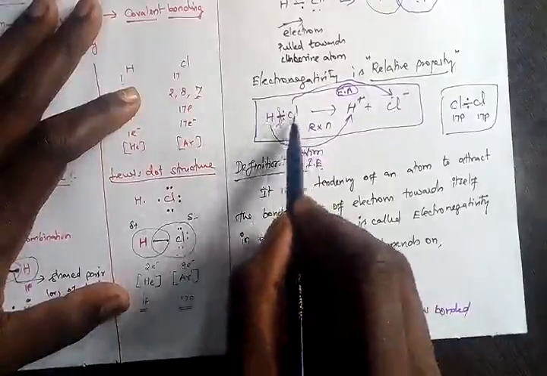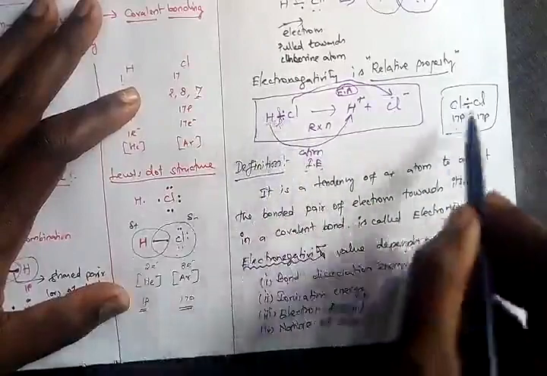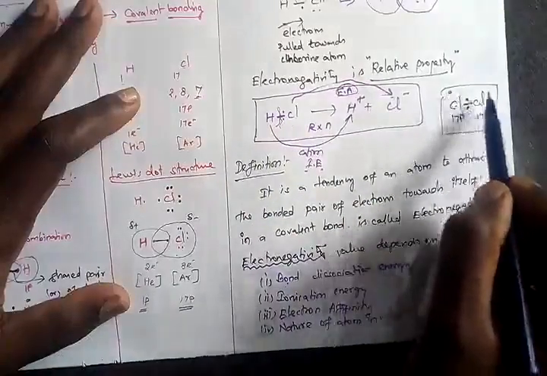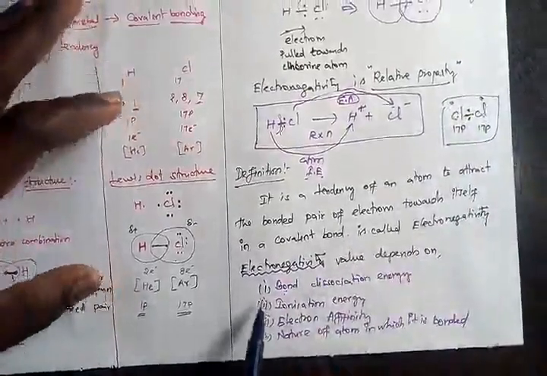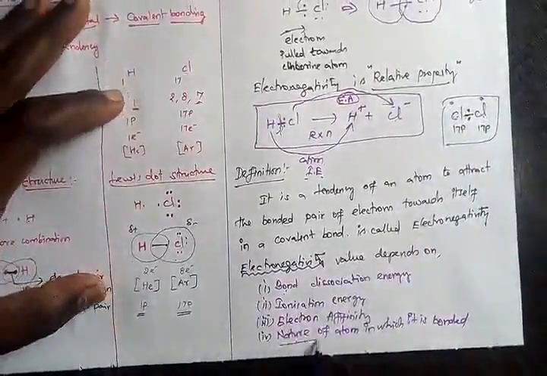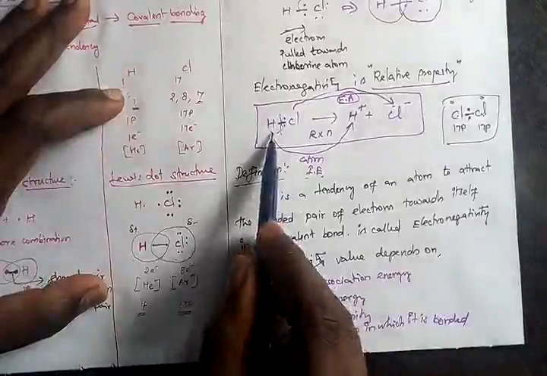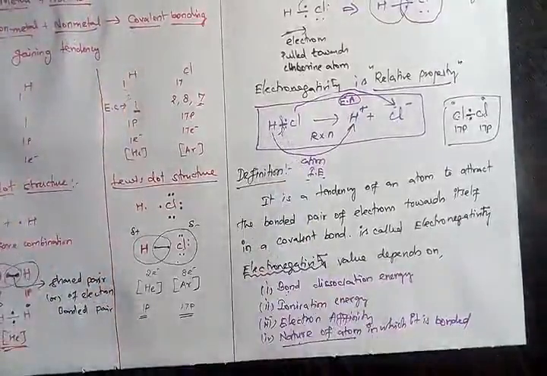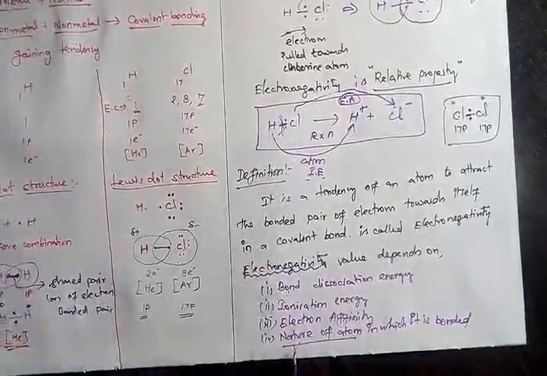If a chlorine is bonded with one more chlorine, there are no partial charges because the electrons lie in the same place. So when the nature of the atom differs, only then does electronegativity play a major role. You have to understand this. So these are the points you should remember.